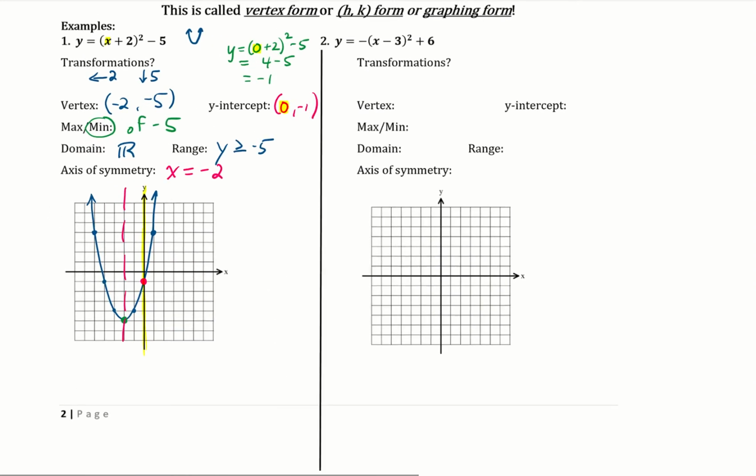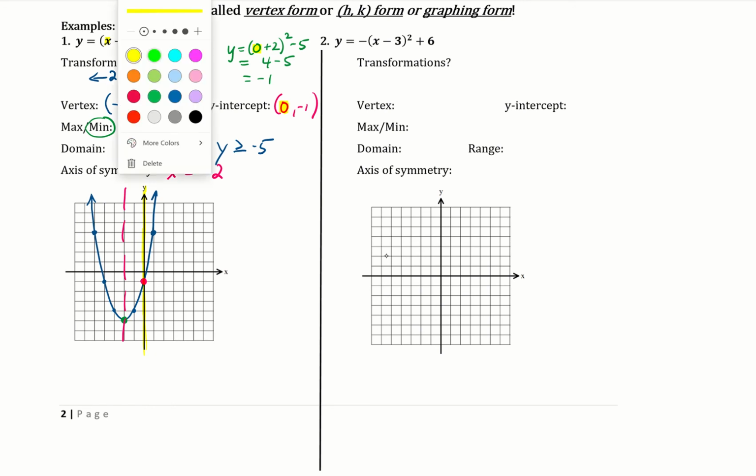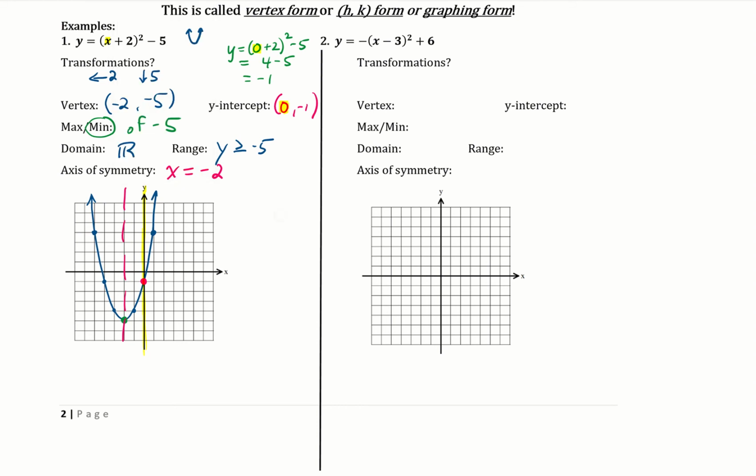All right, so that's how we can take the parent function and those transformations we've learned before and graph a parabola. Some of the things you guys hopefully are able to recognize as you look through here are that this value going down is what gave us the y-coordinate of our vertex. That's also where the minimum value is coming from, and it's part of the range.